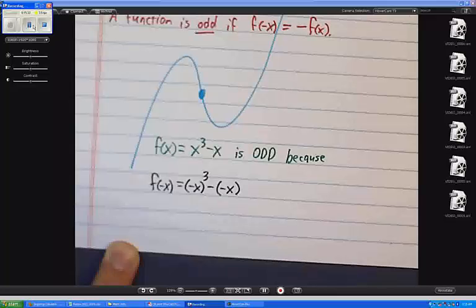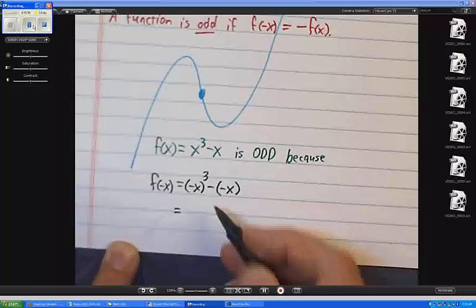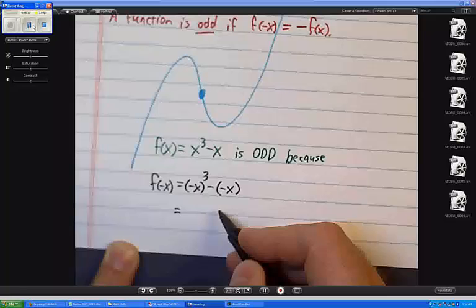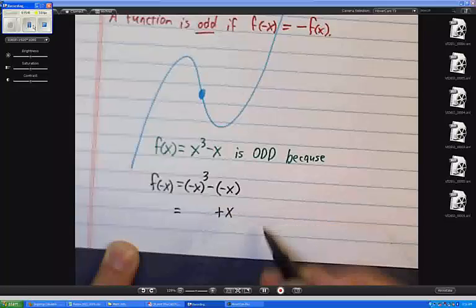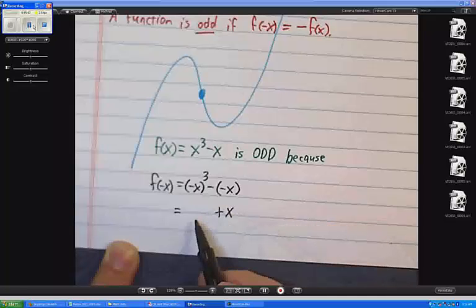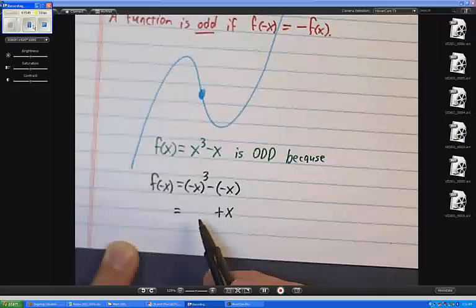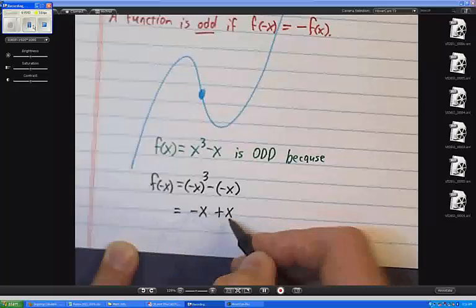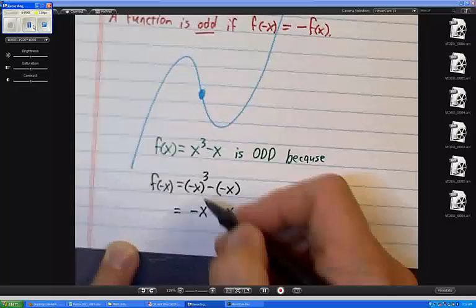Well, I notice when I see negative, negative, that makes what? So we're going to have a plus x here. What about over here? Well, when I take away the parentheses, is there a negative or no? Yeah, we'd have three negative signs, right? So we're going to be left with negative x cubed plus x.